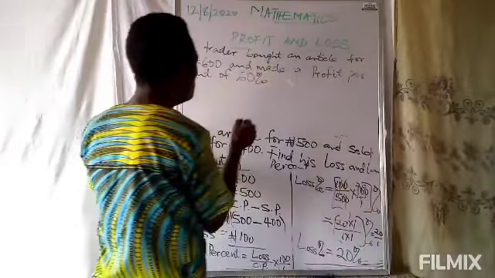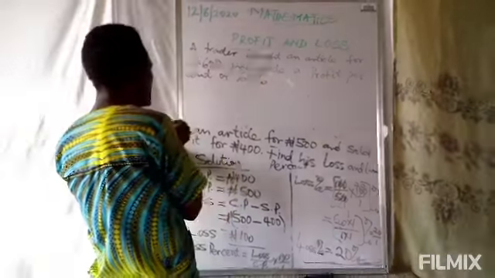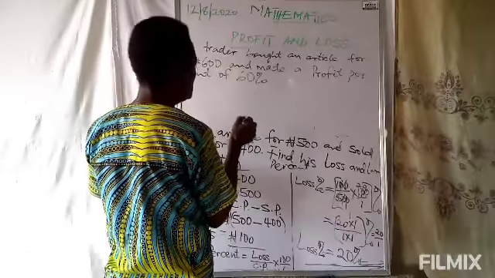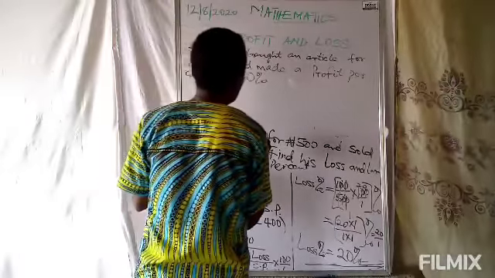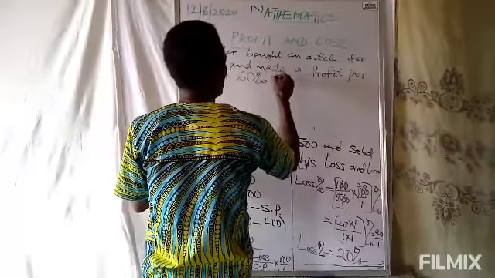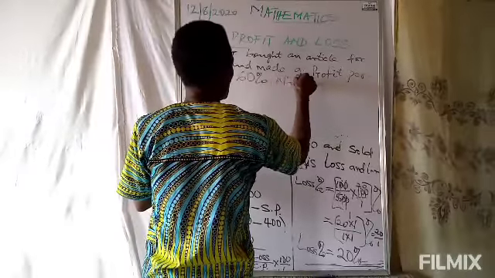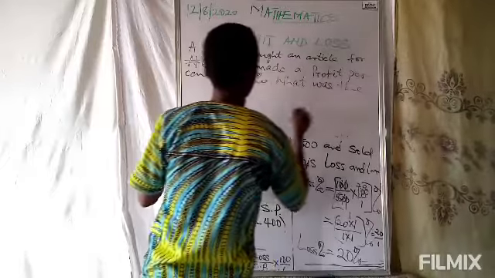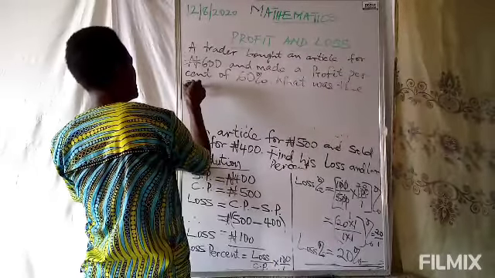The trader bought an article for 600 naira and made a profit percent of 60%. What was the selling price?